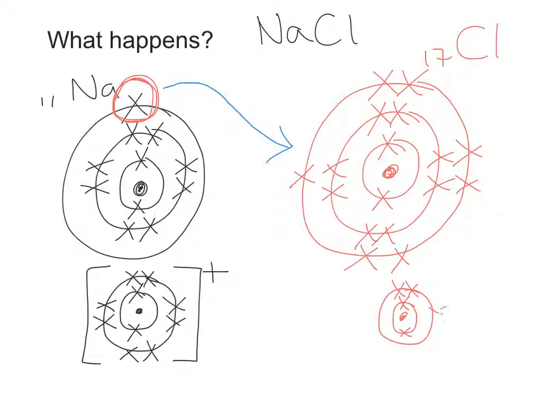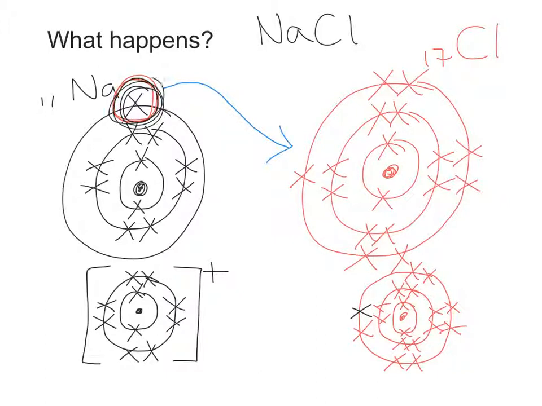Chlorine now has 18 electrons and it still has the same number of protons as it did have, so it has 17 protons.